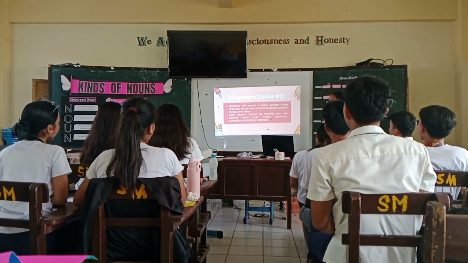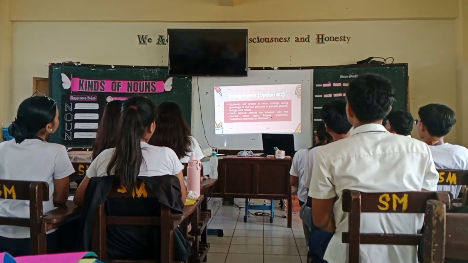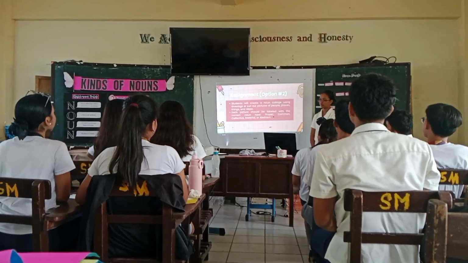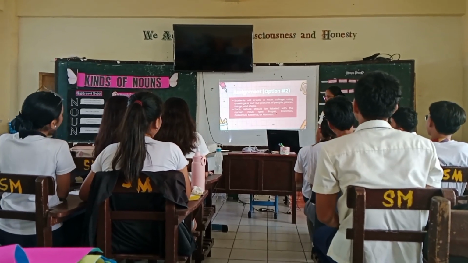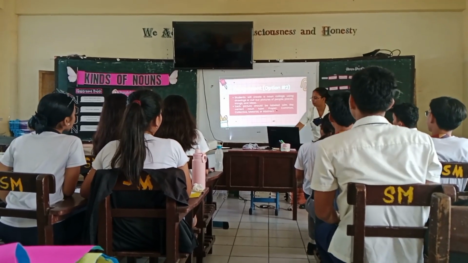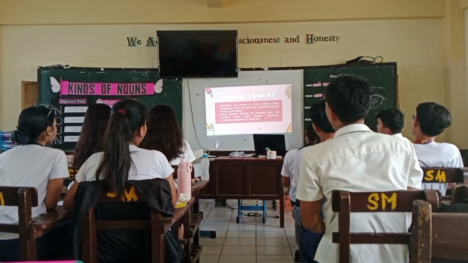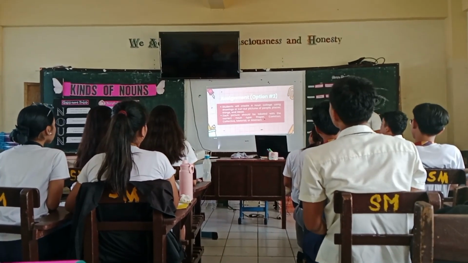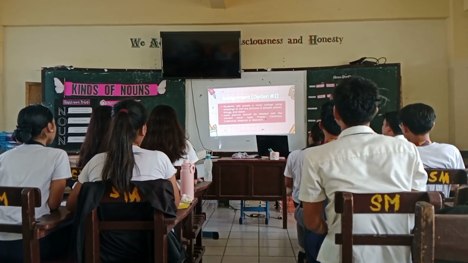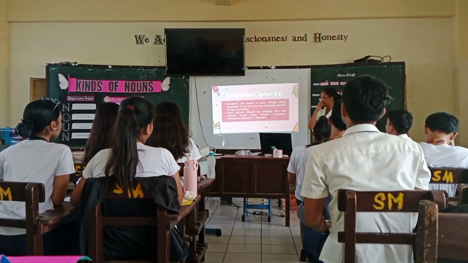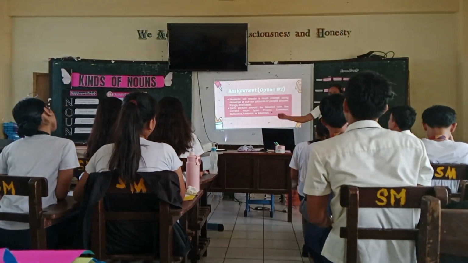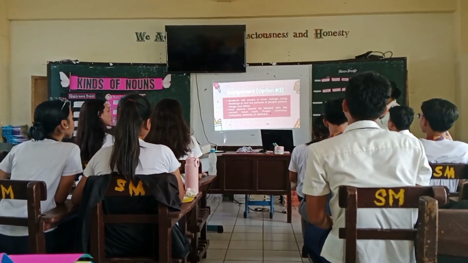The second: students will create a noun collage using drawings or pictures of people, places, things, and ideas. Each picture should be labeled with the correct noun type: proper, common, collective, material, or abstract. Choose which activity best suits your understanding of the topic.